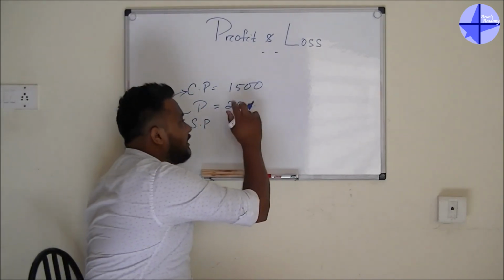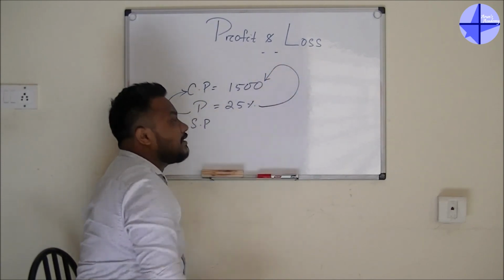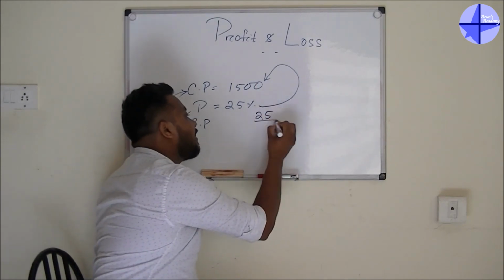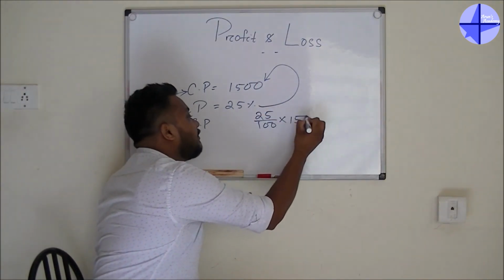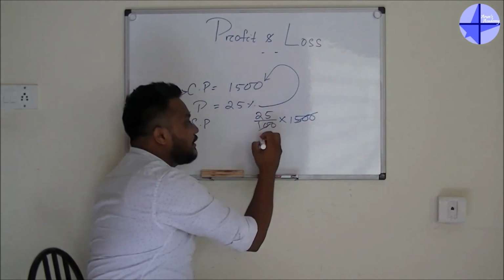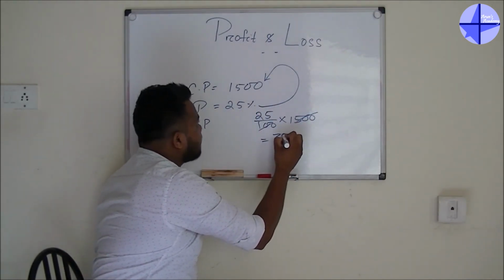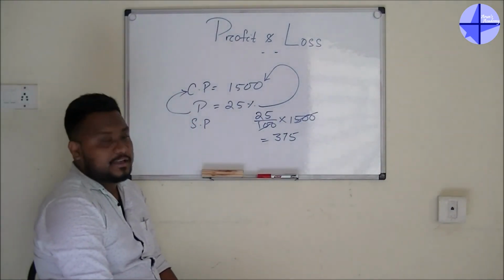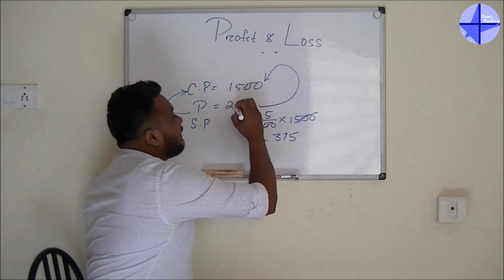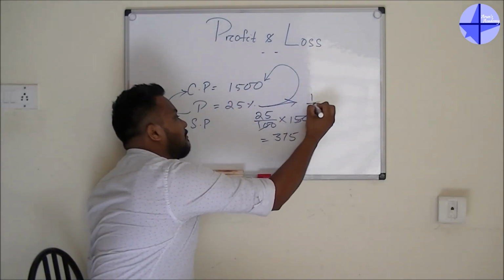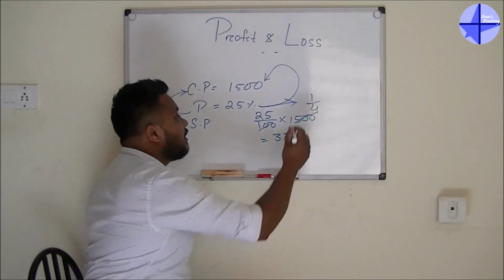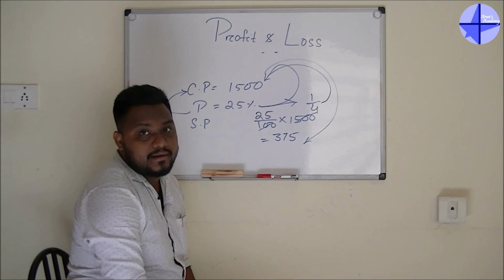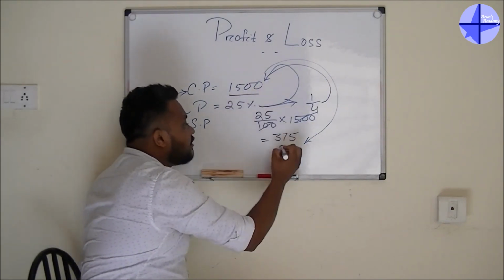So this one is 25%, so 25% of 1,500: 25 divided by 100 into 1,500, this is cancelled, you will get 375. Instead of doing that, you can directly take 25% equal to 1 by 4, as I already told you in percentages, and if you multiply with this, you also get the same thing, which is your 375.